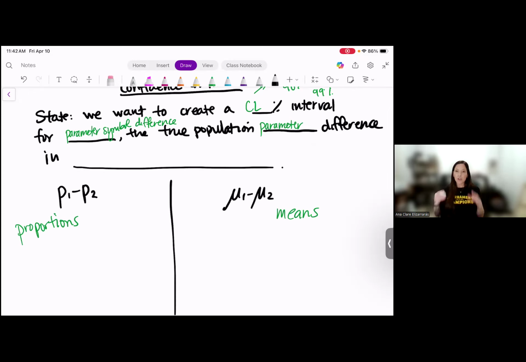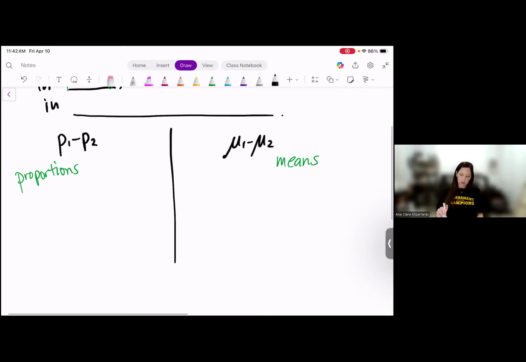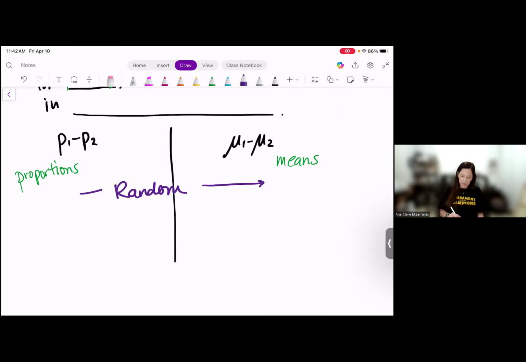When we're checking conditions, we check conditions the same way that we check conditions for one sample. The only difference is we do it for both groups that we're talking about. So both of these need to be random. Means and proportions need to be random, and both groups need to be randomly sampled or assigned.